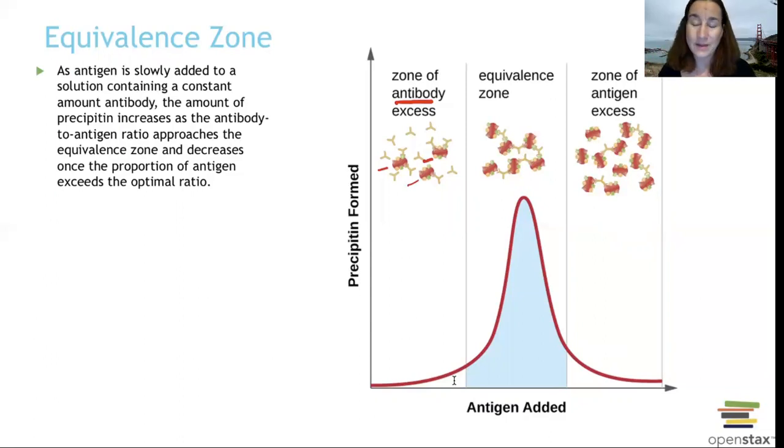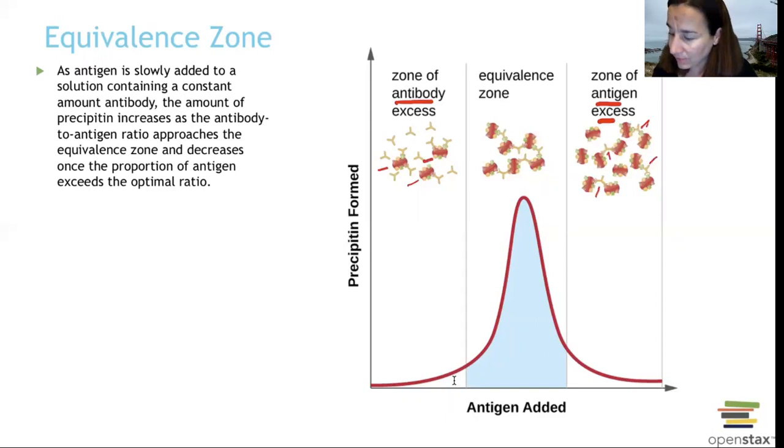So this is a zone of antibody excess, too many antibodies. Over here, we have a zone of antigen excess, because we have 1, 2, 3, 4 antibodies and we have tons of antigens. So we want to find this nice place where it's a 1-to-1 ratio. That is the equivalence zone.